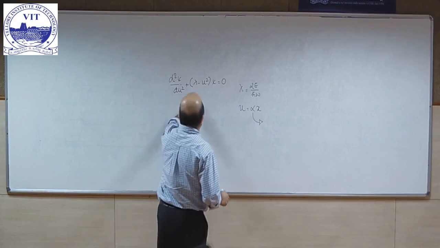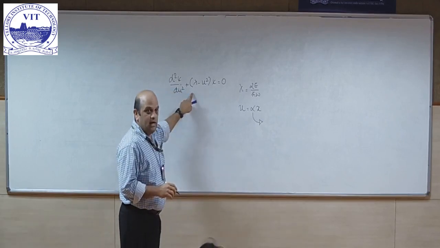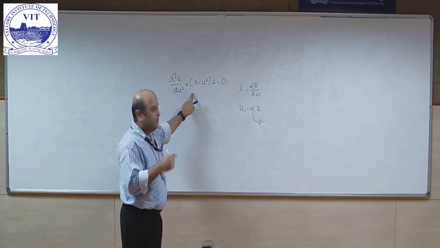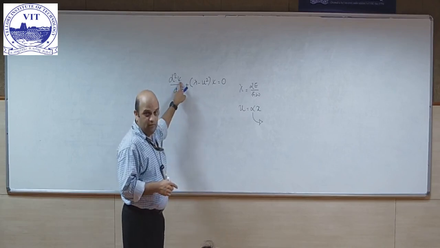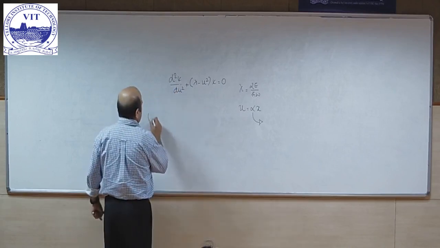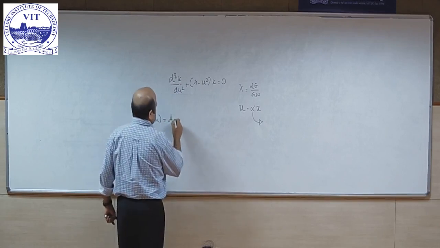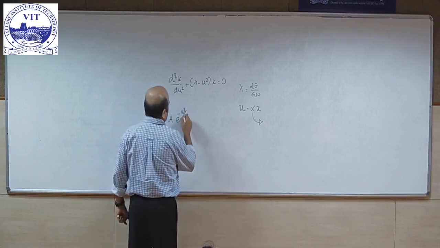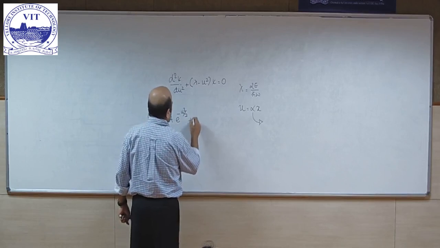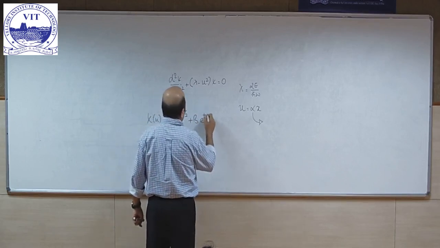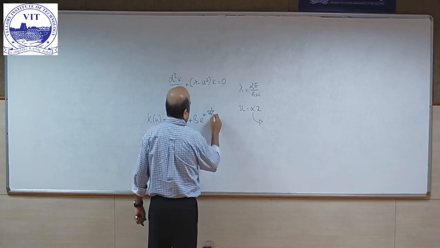Now, as I said, this equation can be solved, and the general solution is in terms of the wave function. We wrote psi of u as a constant times e power minus u square by 2 plus b times e power plus u square by 2.